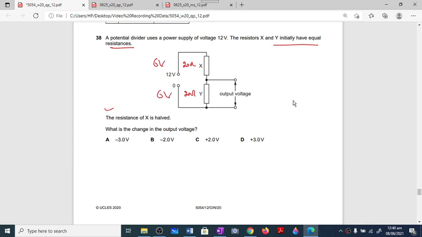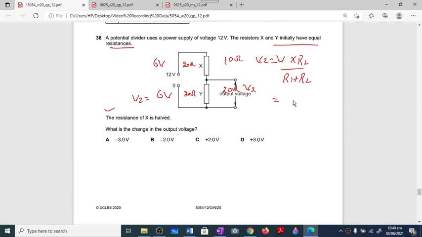Now in the other condition, he is saying that the resistance of X is half. Now it will become 10 ohm and Y will remain 20 ohm. Now we will calculate V2. Already we have the value of V2 as 6 volt. Now when we change the condition, we apply the formula V2 equals V into R2 over R1 plus R2.